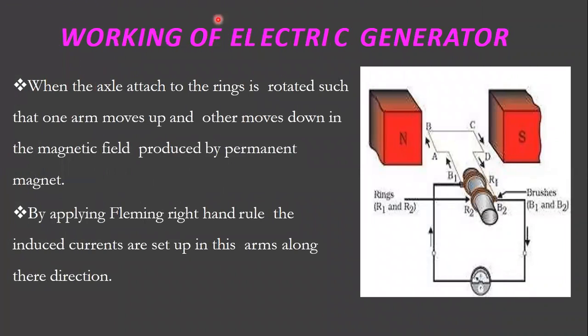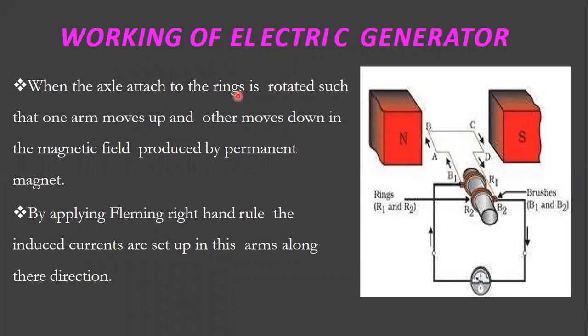And the working of the electric generator. See children, ABCD is the rectangular coil. B1 and B2 are the brushes, R1 and R2 are the rings, and this is the galvanometer. This is the axle.